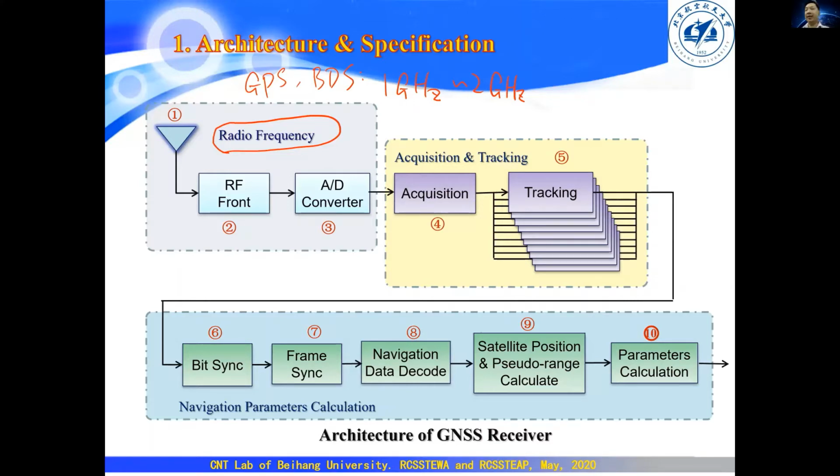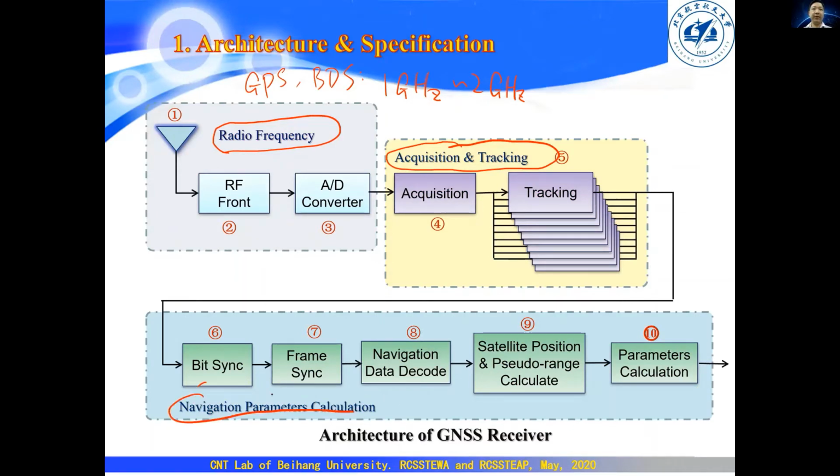The second part, in yellow, is acquisition and tracking. This will help you find the satellite. Where is the satellite? You need to find it. The third part is navigation parameter calculations.